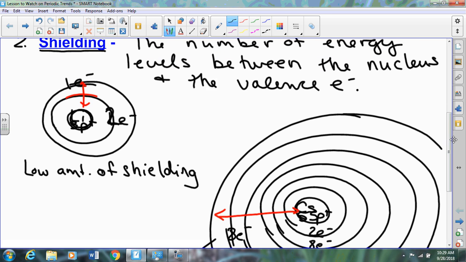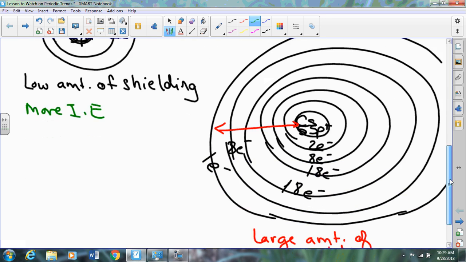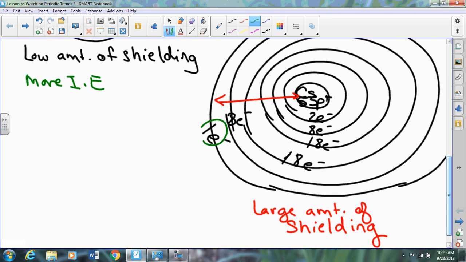And that's going to take more energy than if we're taking it from something where the electron is way out here. This is lower ionization energy in comparison. Okay?